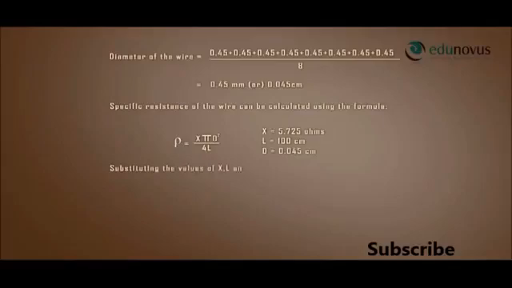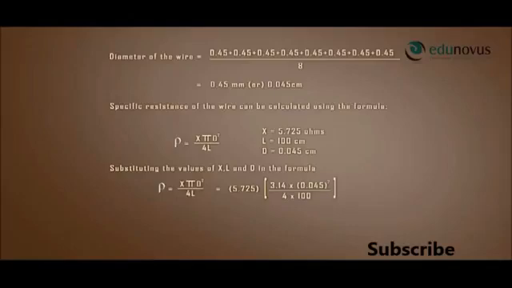Substituting the values of X, L and d in the formula, ρ is equal to X π d square by 4L, which is 5.725 into 3.14 into 0.045 whole square divided by 4 into 100. That is equal to 100 into 10 power minus 8 ohm meter.